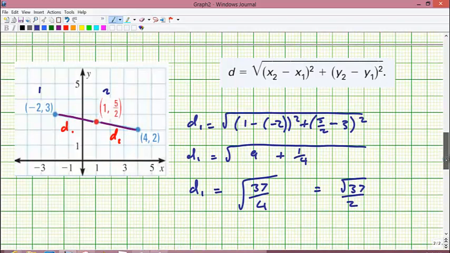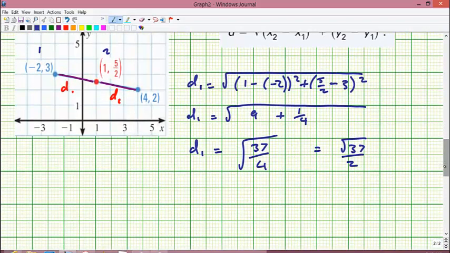Let's do the second point, D2, and we'll change our point 1 and point 2. So let's change colour.